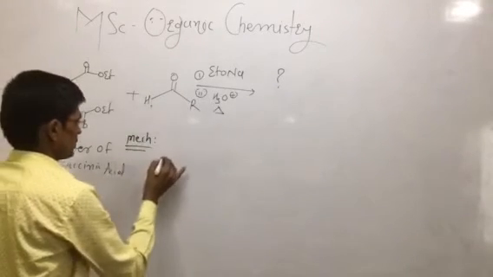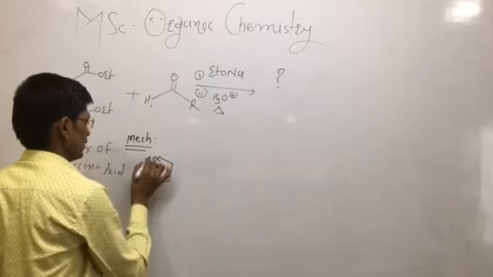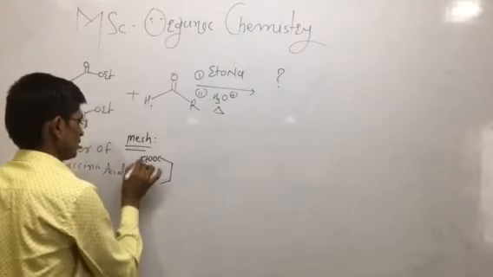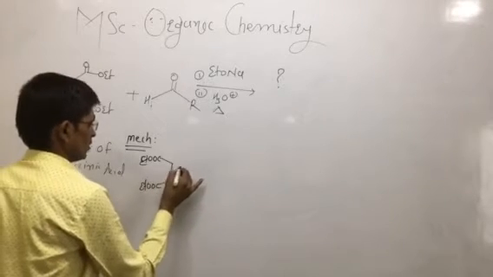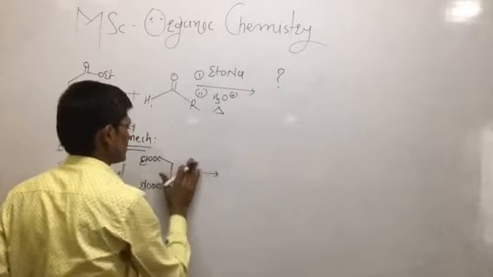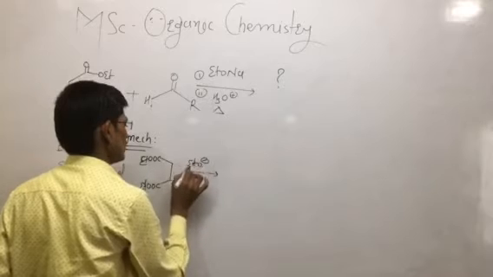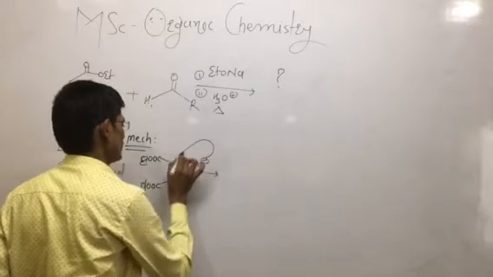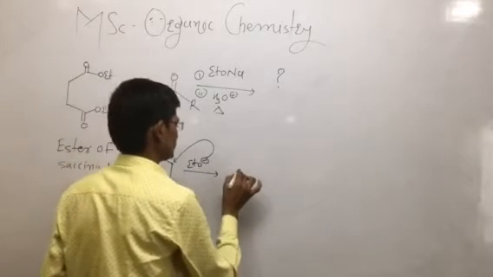Reaction condition, basic condition, as you can take, this is COOEt. It is treated with what? A base. As you can see, this is the ethoxide, having the tendency to take the proton from this type of alpha carbon atom.